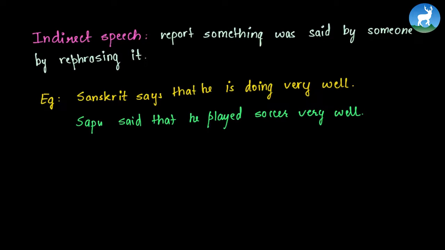So let's begin with the rules. The adverbs used in the direct speech should be changed from one form to another. The nearest form of adverbs should be put in a distance. For example, so let's note the rule first.